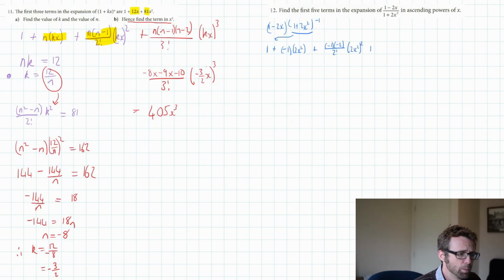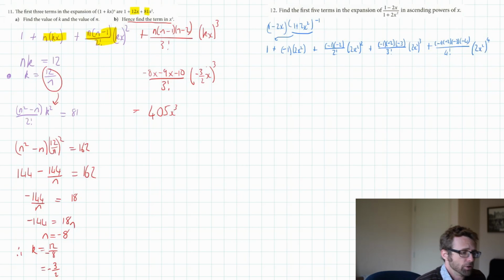My next term will be minus 1 times minus 2 times minus 3, all over 3 factorial this time, and that will be times by 2x squared to the power of 3. And our last term, our fifth term, is going to be minus 1 times minus 2 times minus 3 times minus 4 all over 4 factorial, and 2x squared to the power of 4.